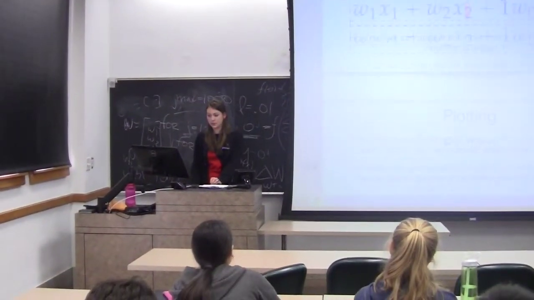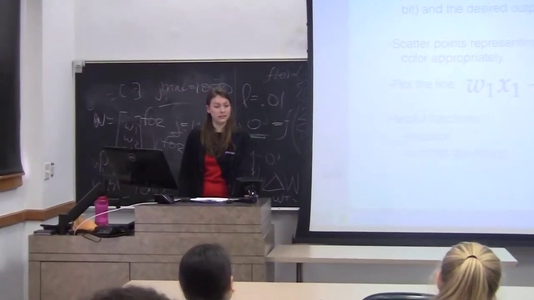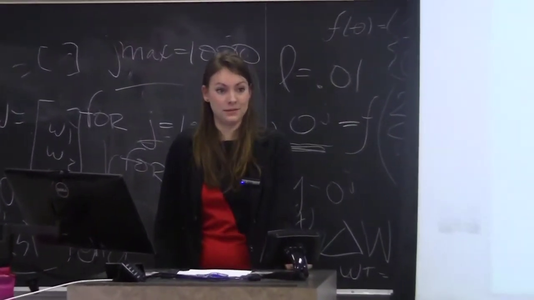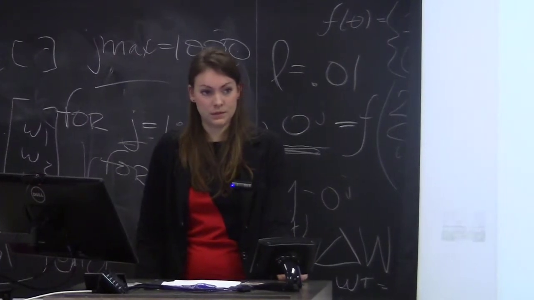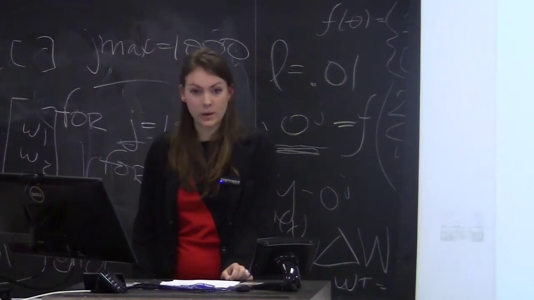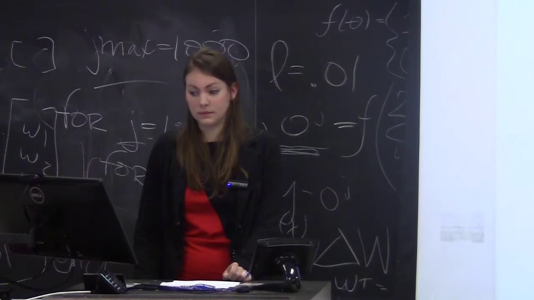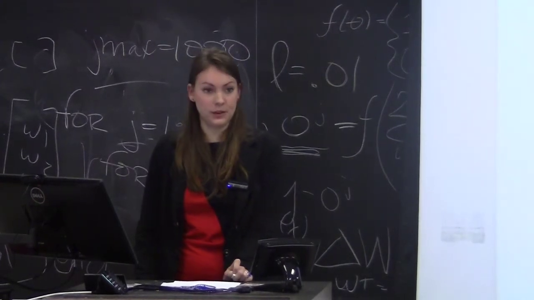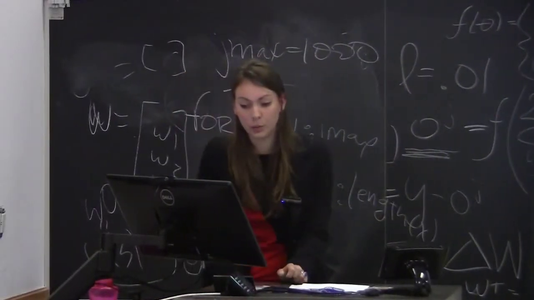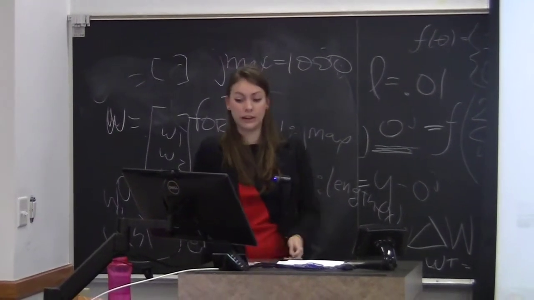So the x2 value corresponding to a particular x1 value. How could we get that from this equation? You got it. Yeah, move x2 to the other side of the equation. What else do we need to move over there? Theta. And kill w1. We want to solve for x2 in terms of x1. Or, sorry, we want to move w1, x1 over there and move theta over there. Solve for x2 in terms of x1.